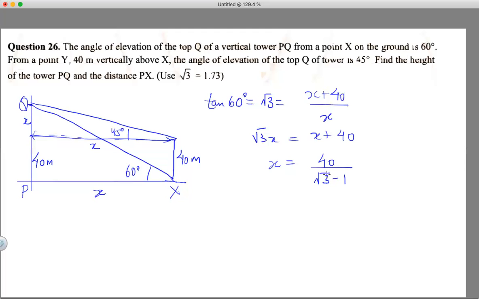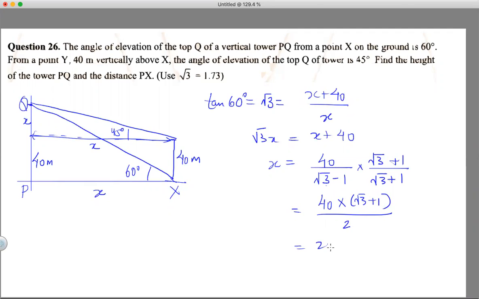Okay, so we have got this. So we can obviously put the value and do it, or we can do this also. So we will have 40 into √3 plus 1, and we will have 3 minus 1, which is 2.